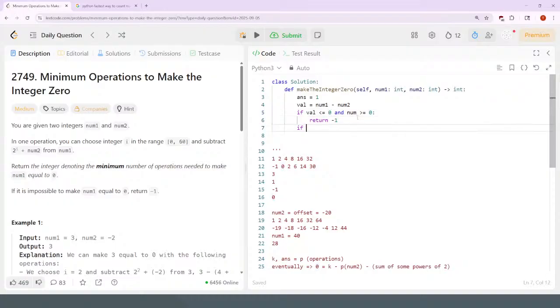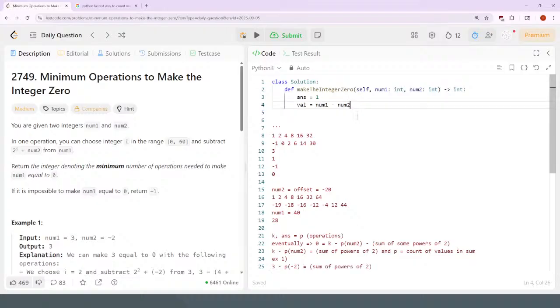And then if the value is greater than or equal to 0, if it's already positive, no, then that's still fine. Value is negative. Well, maybe I should just not do it this way.